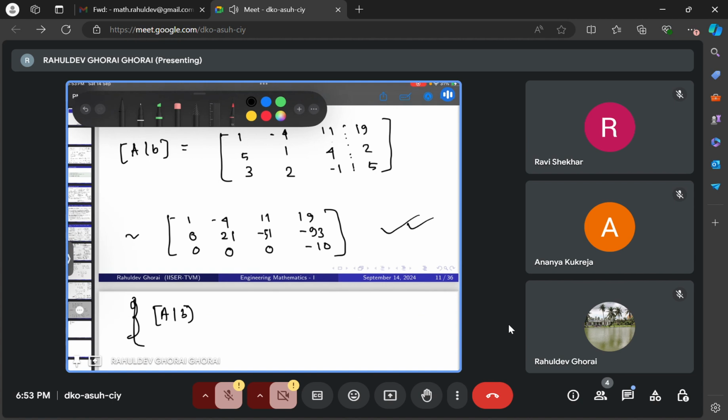Let us change it. If I do R2 minus 5 R1, then you will have 1, minus 4, 11, 19, then 0, 21, minus 55 plus 4, so minus 51, and minus 93.